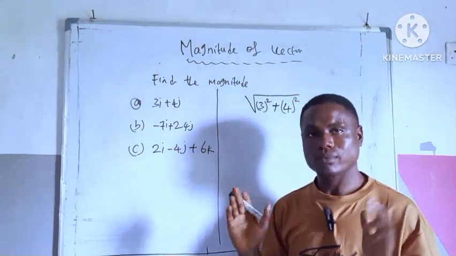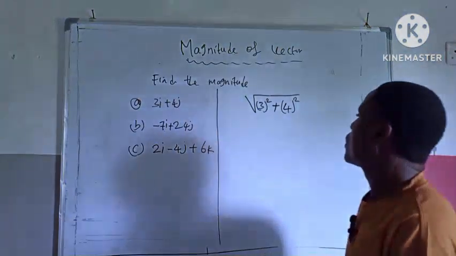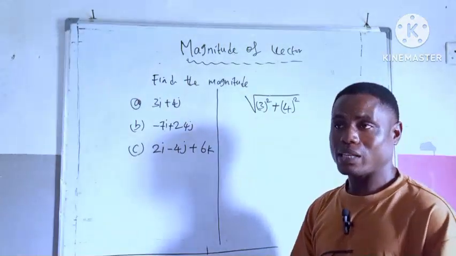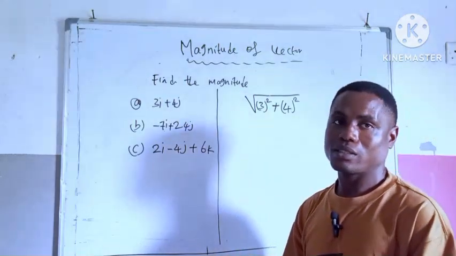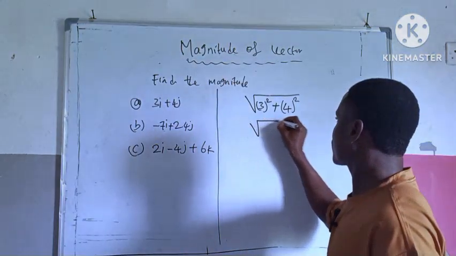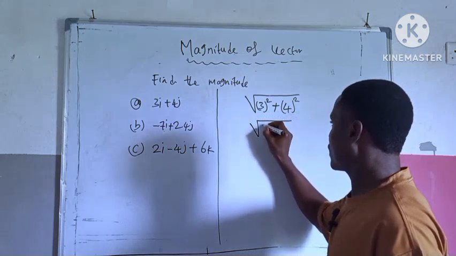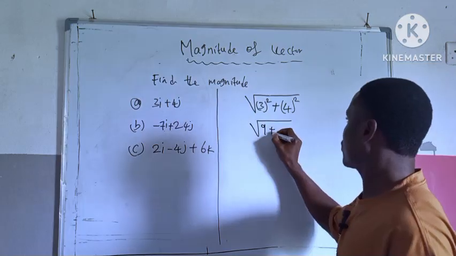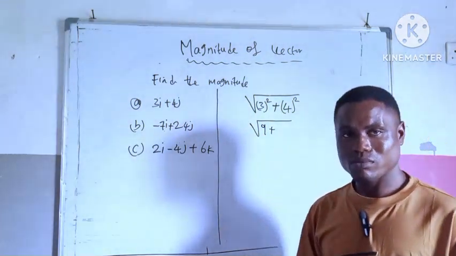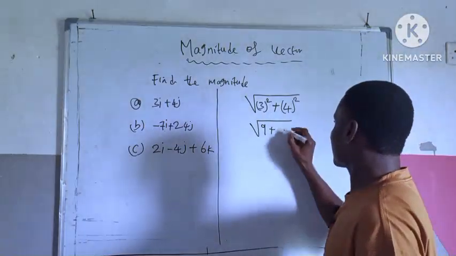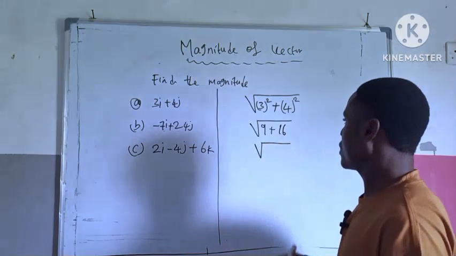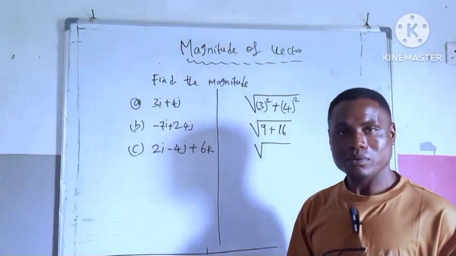Let's solve. So 3 squared means what? 3 raised to power 2 means 3 times 3, right? And 3 times 3 is 9. Plus 4 squared means 4 times 4, right? And 4 times 4 is 16. So what is the next step?